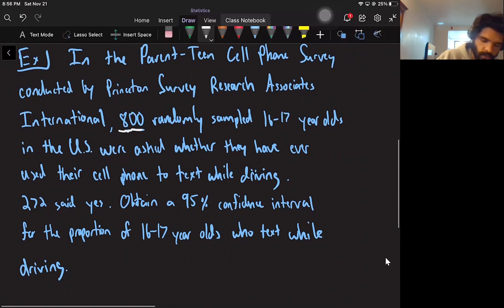So step one, let's just say what we're trying to do. We are trying to find the interval, a range of numbers between blank and blank, around what is called the point estimate, but it's really little p hat, your sample proportion.